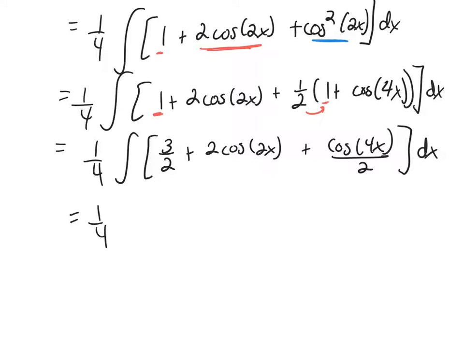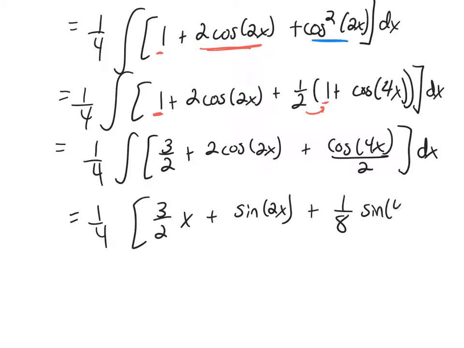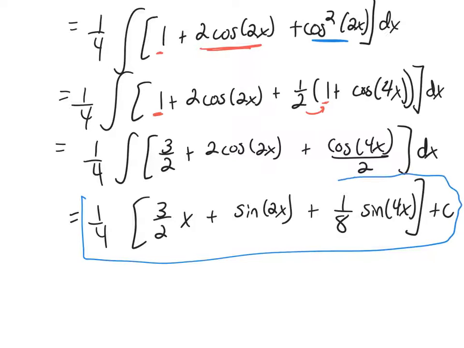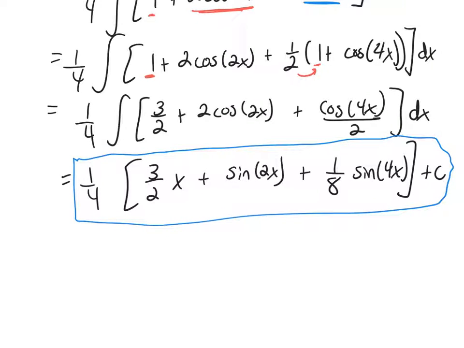Do the finishing steps. This will be 3/2 x plus sine of 2x plus 1/8 sine of 4x plus c. So anytime you have even powers on both sines and cosines, you're going to have to use those double angle formulas.